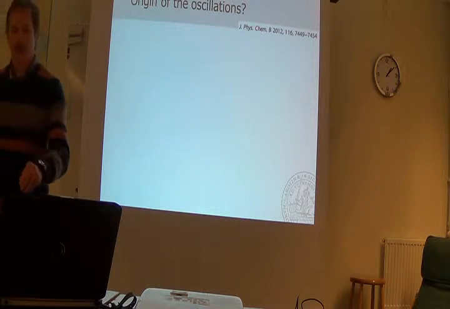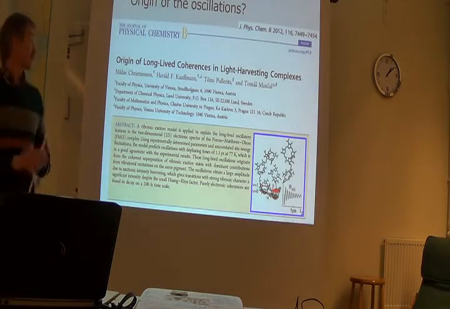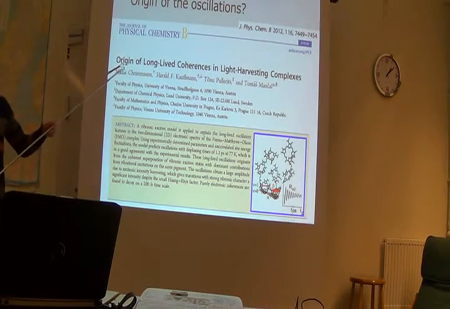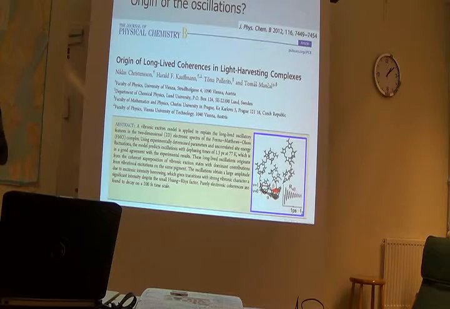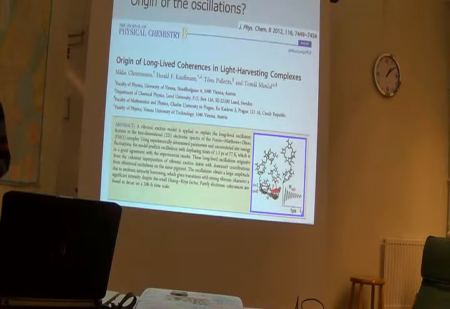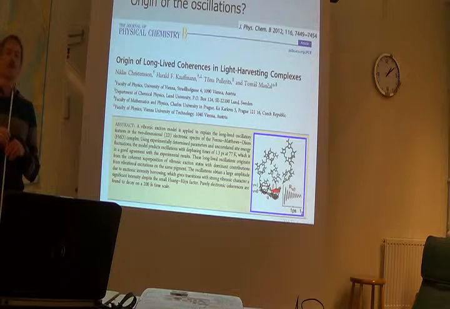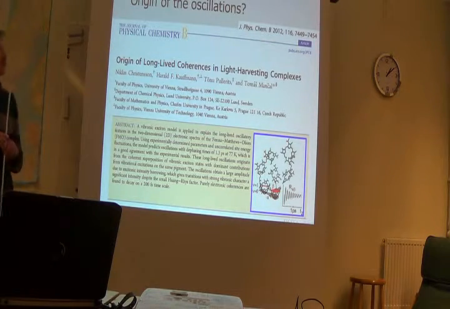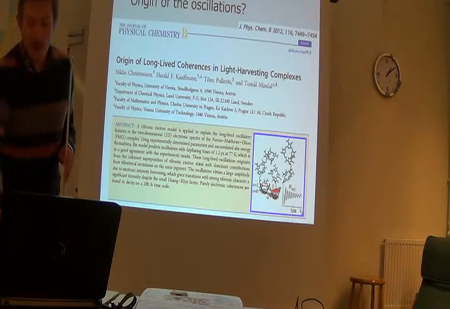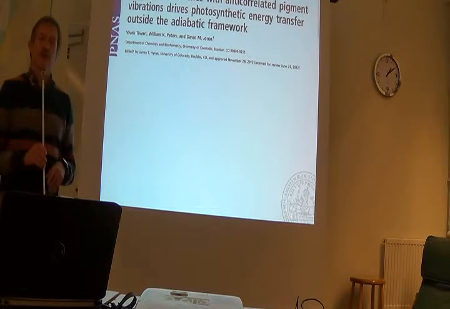So we did a work, actually Niklas Christensen, who was a PhD student of mine, he had moved to Harald Kaufman when this work was done, and he developed a very simple toy model where he included vibrations into the system description. It was just an excitonic picture, and our conclusion was that vibrational coherences would also lead to very analogous oscillations to those observed, and this would be a much more natural explanation of the observations.